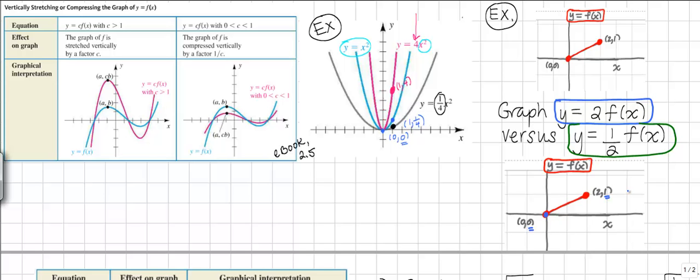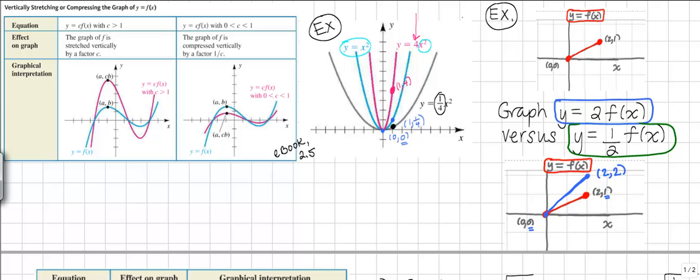The ordered pair 2, 1 would move or translate to the position 2, 2. Now that's not a shift. It's called a vertical stretch. So all of the y's have been stretched by multiplying by 2.